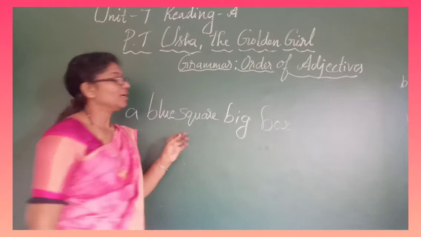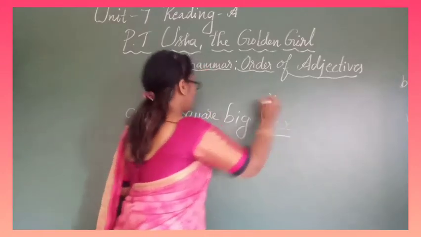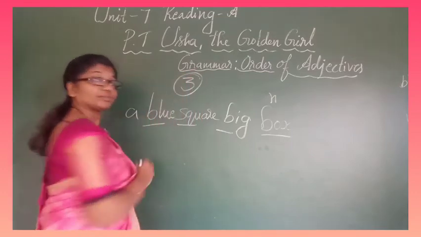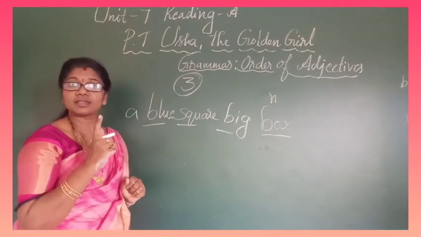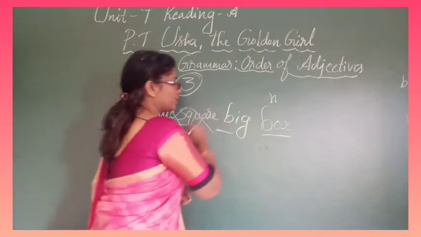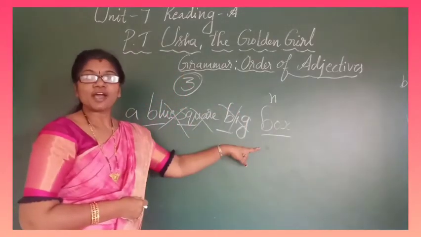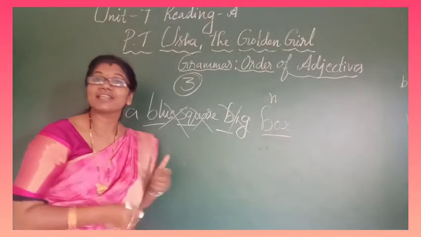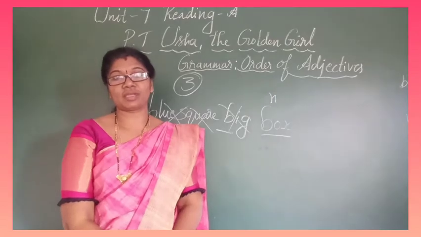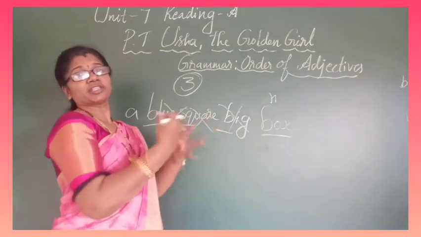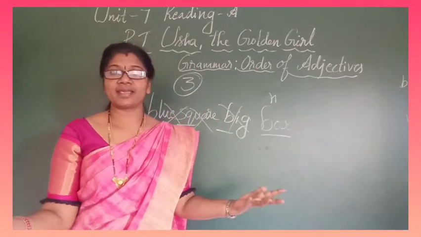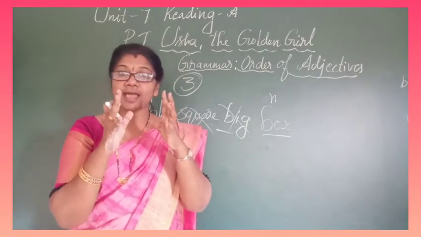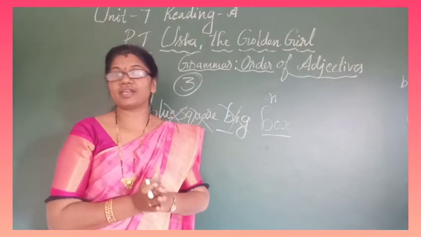You are using blue, square, big, three adjectives, right? But this is the wrong way to describe a noun, by using the adjectives without maintaining the order. You can't use the adjectives as you would like, not on your wish, because there is an order of adjectives in the English language.